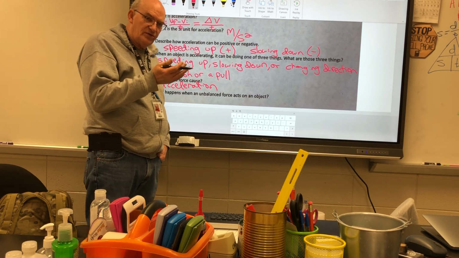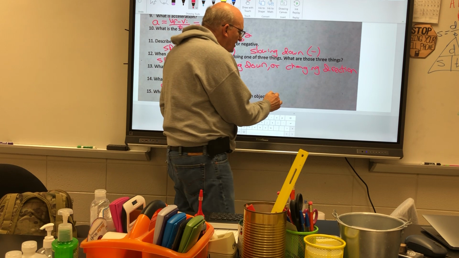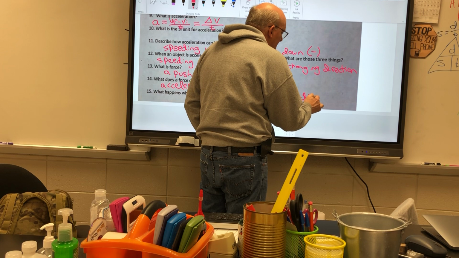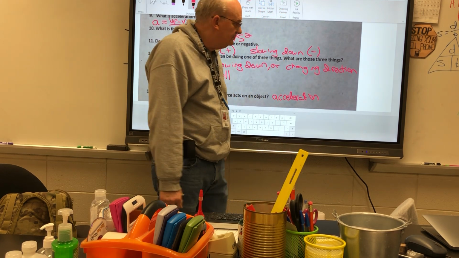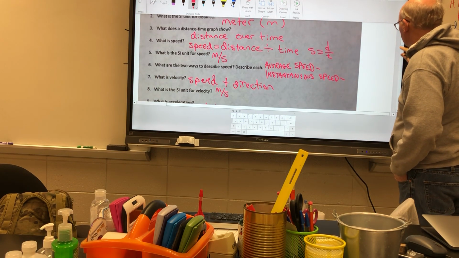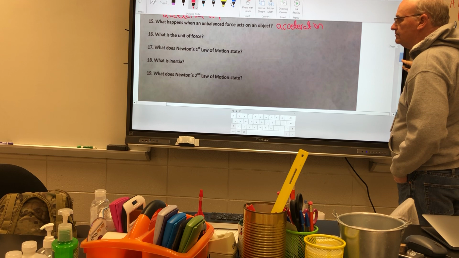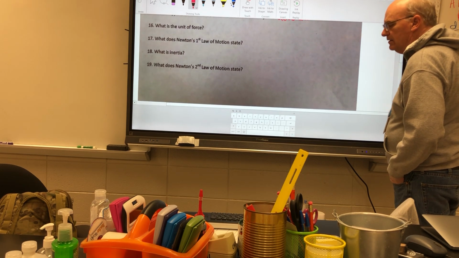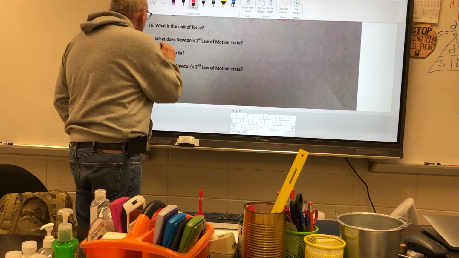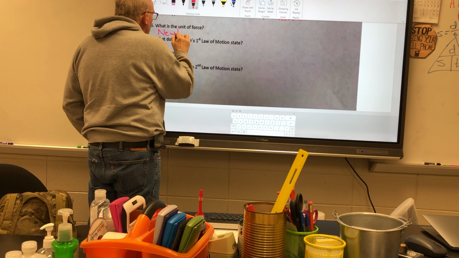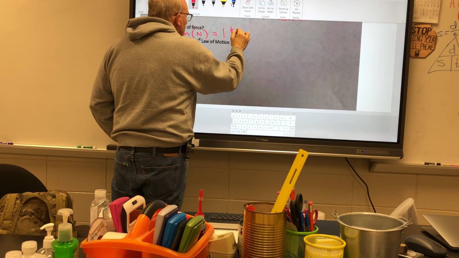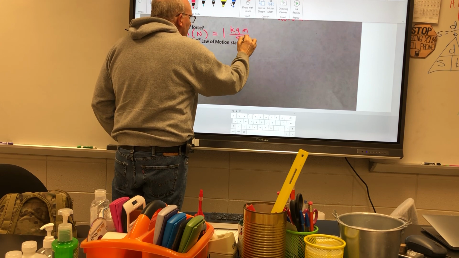When an unbalanced force acts on an object, it causes acceleration, according to Newton's second law. The International System of Units unit for a force is a Newton. It's abbreviated capital N, and it's equal to 1 kilogram times 1 meter per second squared.